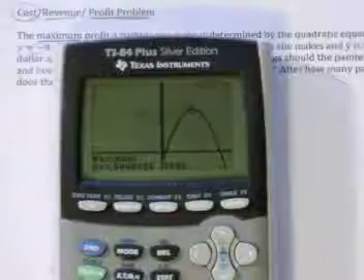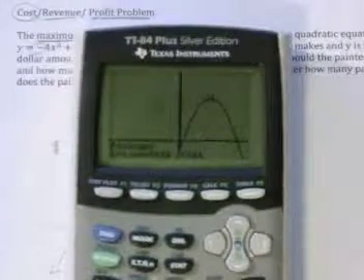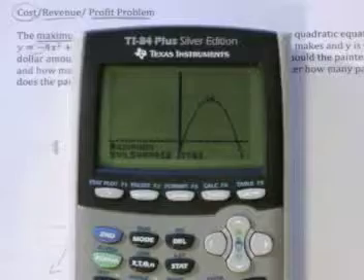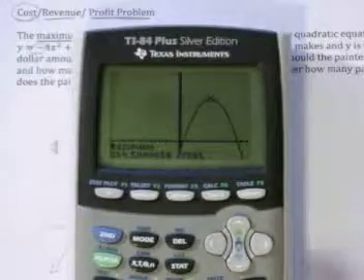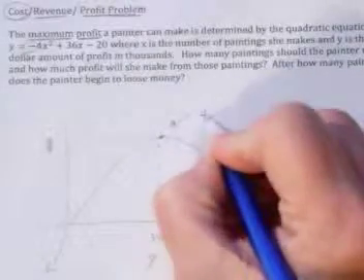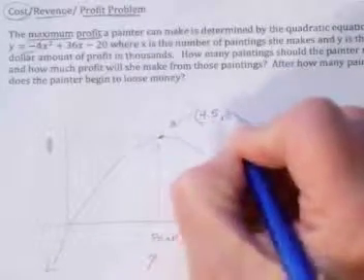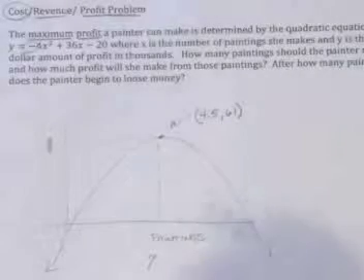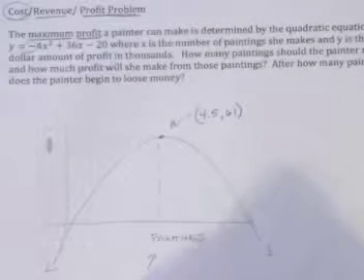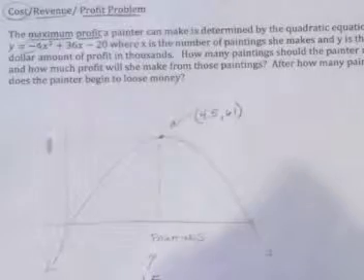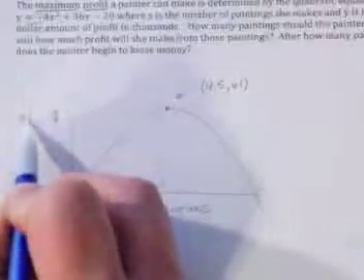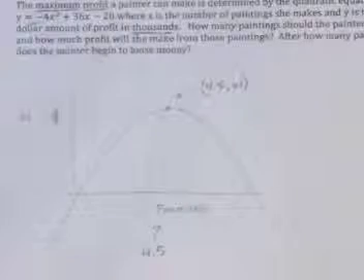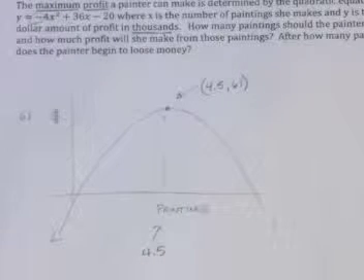And it tells me that when my x value is 4.5, my y value is 61. So I know my vertex is at the point (4.5, 61). So what does that mean? That means that if the painter produces 4.5 paintings, she will make $61, and remember that dollars is in thousands, so she'll make $61,000.